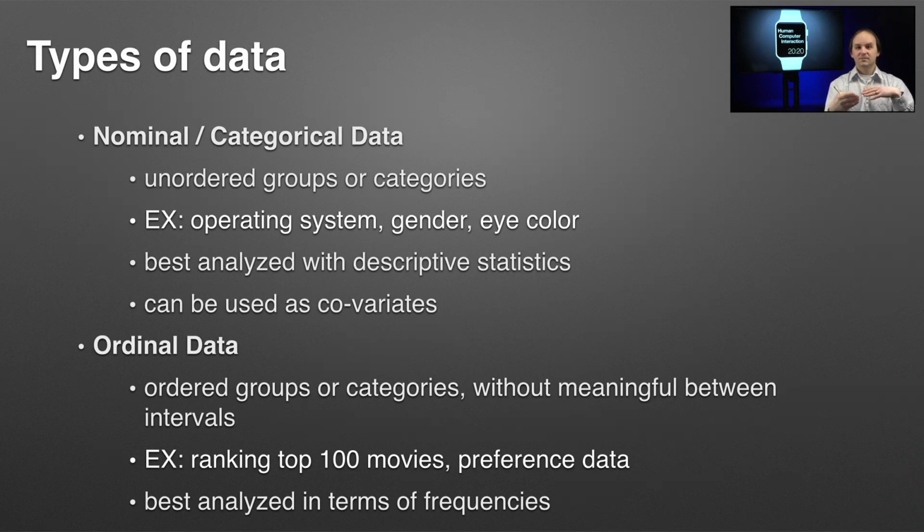It has some meaning, that order, which one you like more or less, but it may not necessarily be the case that the difference between your favorite movie and your second favorite movie is the same as the difference between your 31st most favorite and your 32nd most favorite. Those two intervals might be different. So the scale doesn't have meaningful intervals in it.